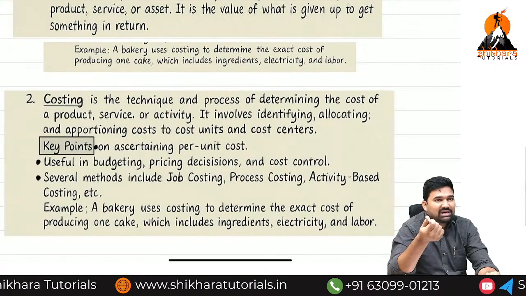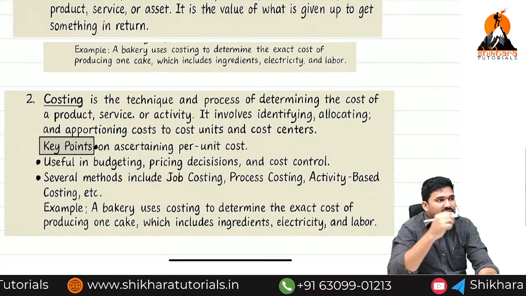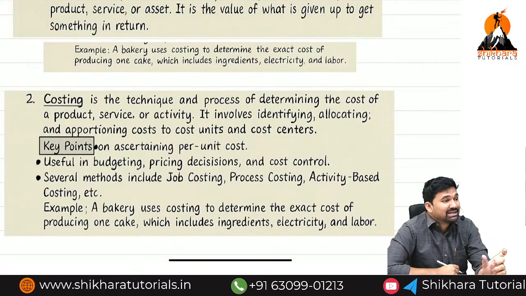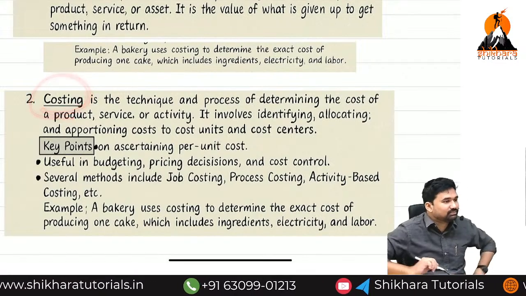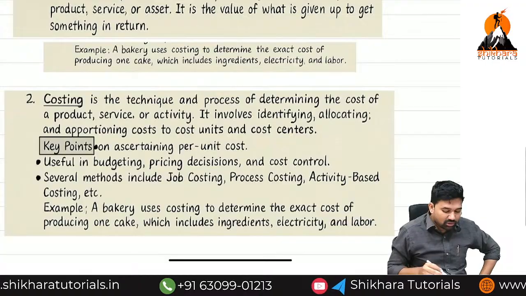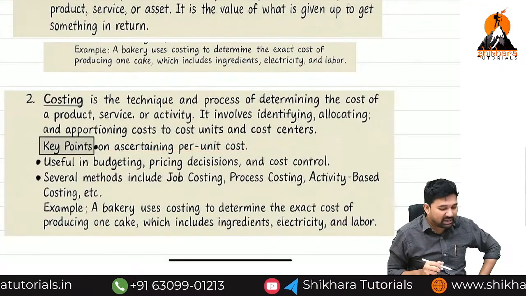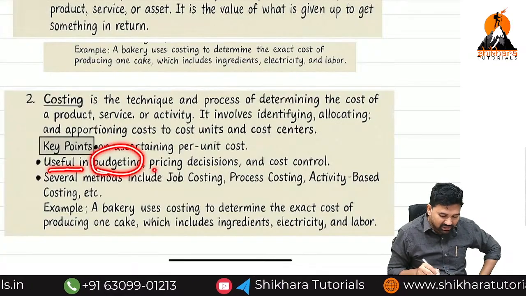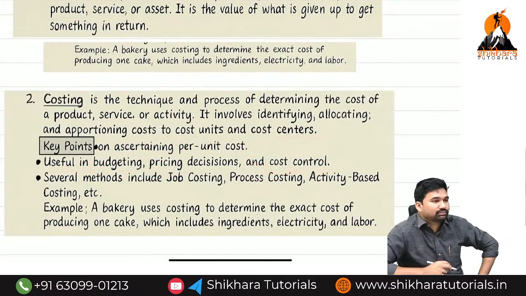This camera selling person, how did he decide that the camera cost is 1,25,000? There are some techniques. This bunch of techniques is nothing but costing. So costing will be used to ascertain the per unit cost, and costing is useful in budgeting, in pricing decisions and cost control.